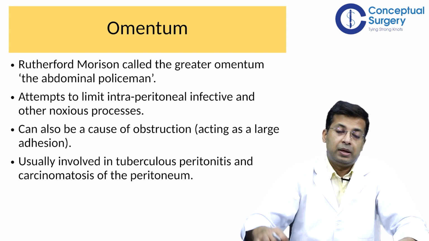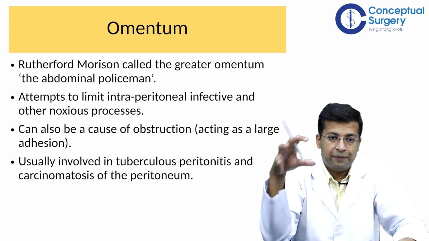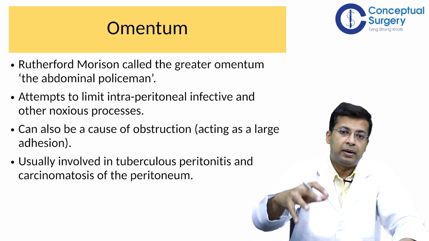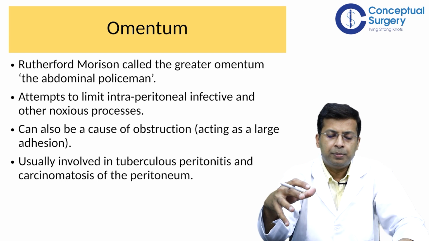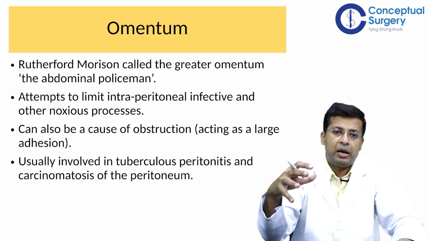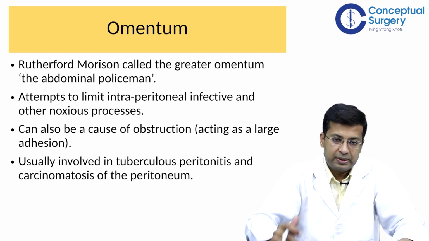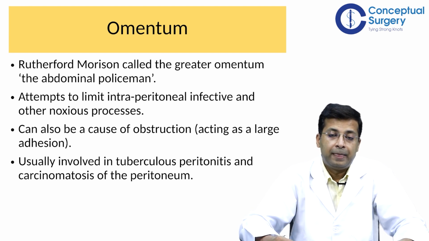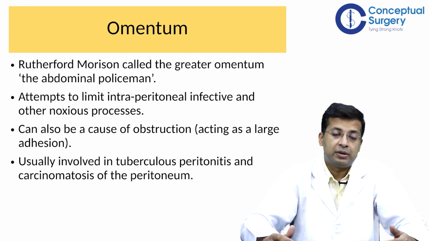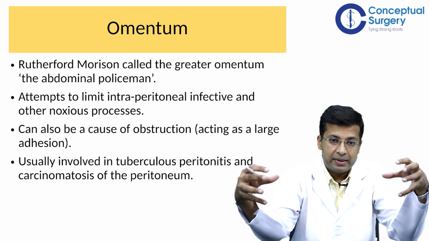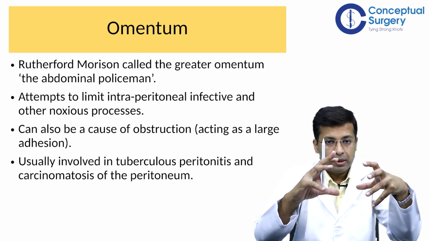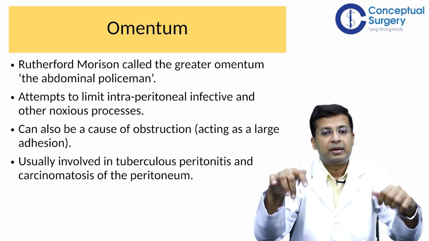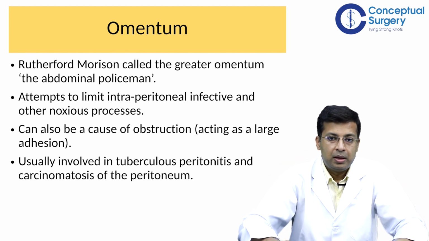But in order to be able to migrate to that area, the omentum also causes adhesions in this process, and these adhesions can therefore be a cause of obstruction by forming bands around which the intestine can twist, get kinked, and get obstructed.